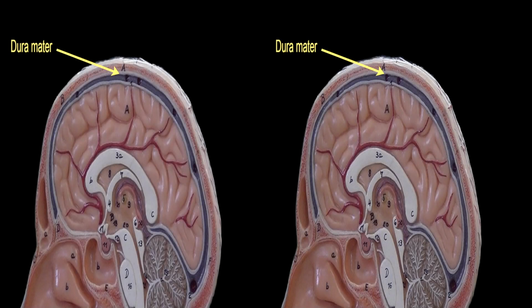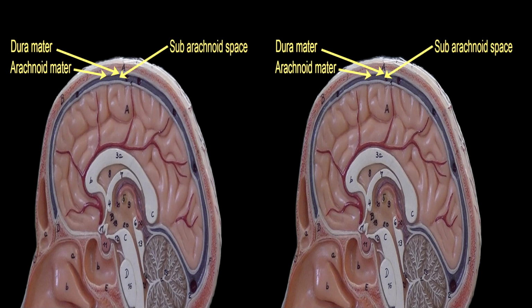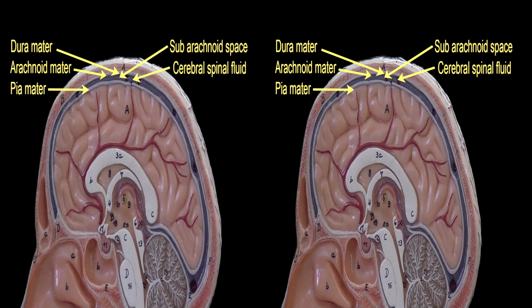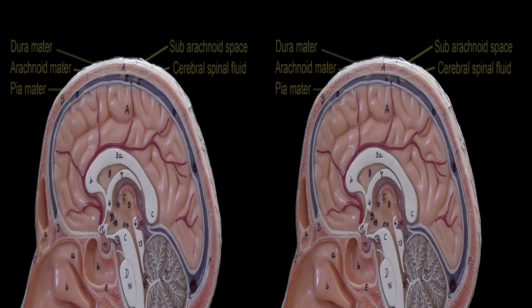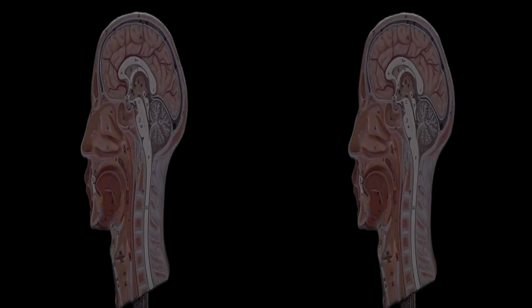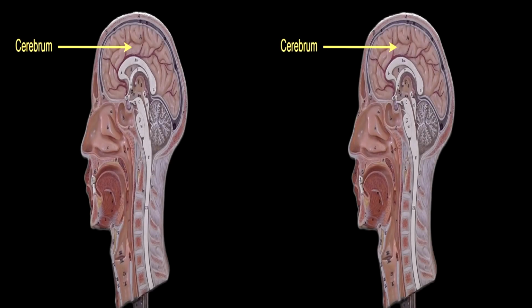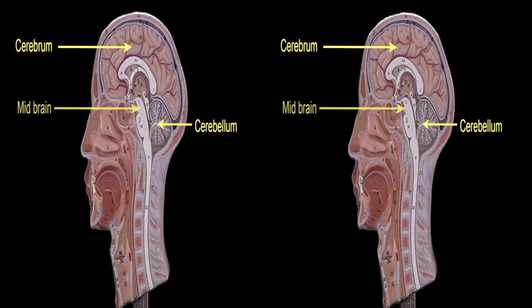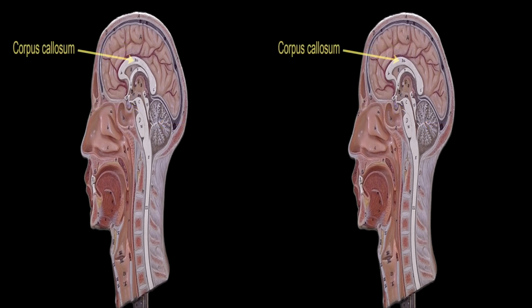Dura mater. Arachnoid mater. Subarachnoid space. Cerebral spinal fluid. Pia mater. Cerebrum. Cerebellum. Midbrain. Corpus callosum.